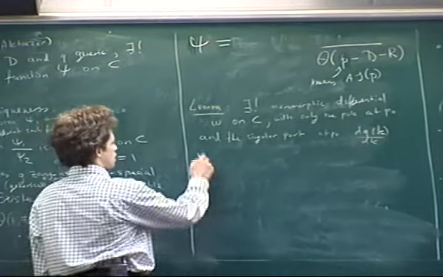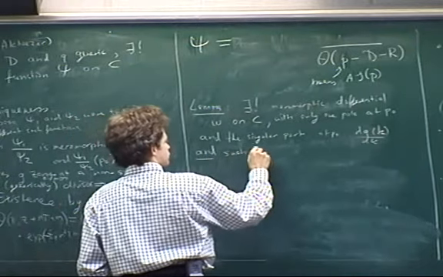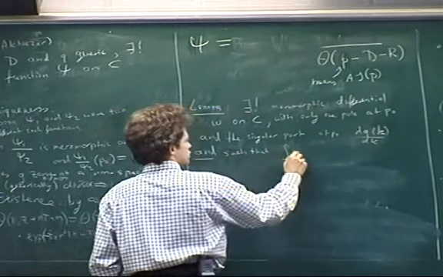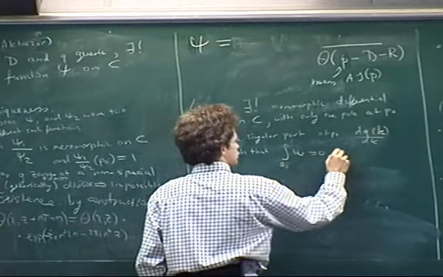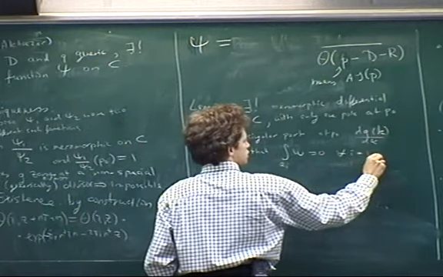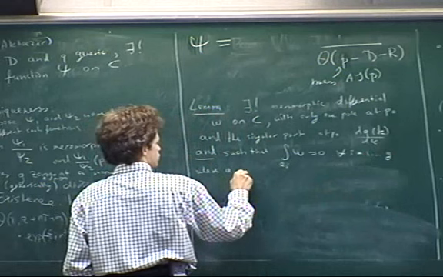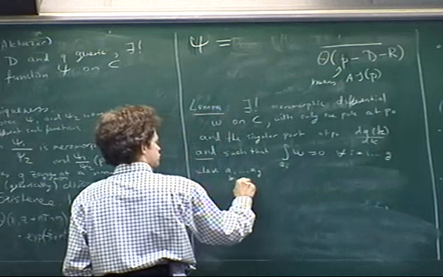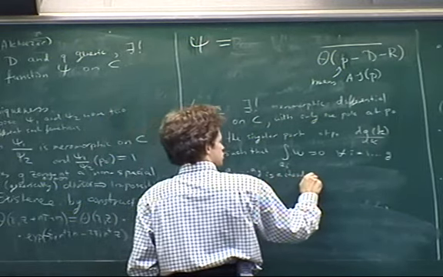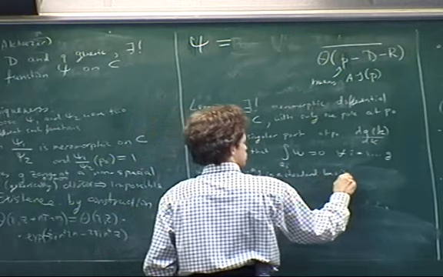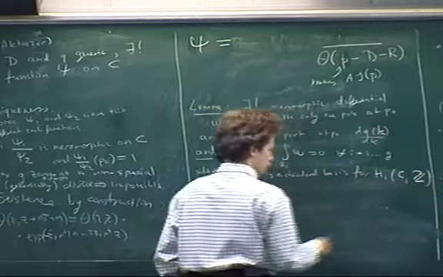Okay, and such that its integrals, the integrals of this differential omega, are 0 over all A cycles, where A1 through AG, B1 through BG is a standard basis for homology. So what does this mean?